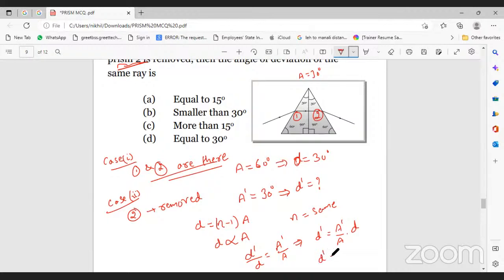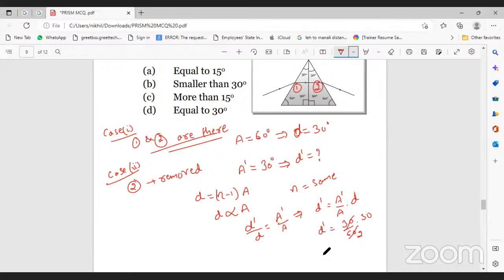So D dash is equal to A dash is 30, A is 60, deviation is 30. So 30 by 2, which is 15 degrees.